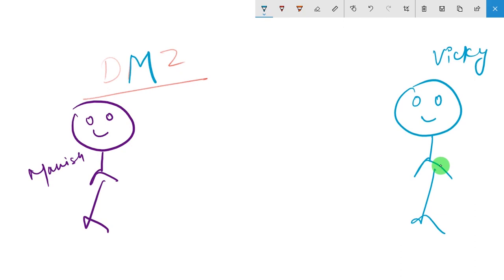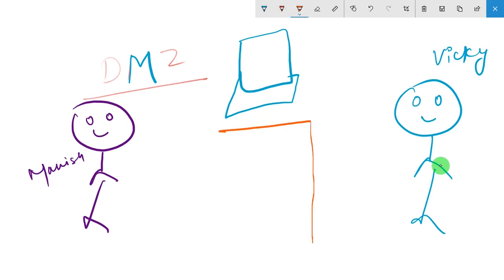If they want to share some information between their companies, they will use a computer. On that computer there will be a different set of security. This computer won't be in the network of either Manish or Vicky.